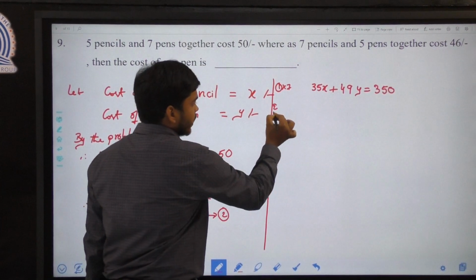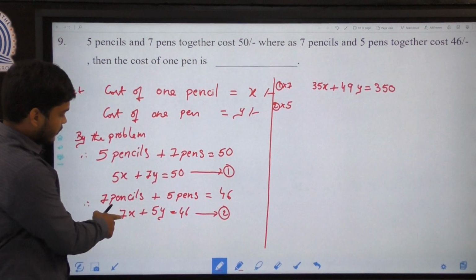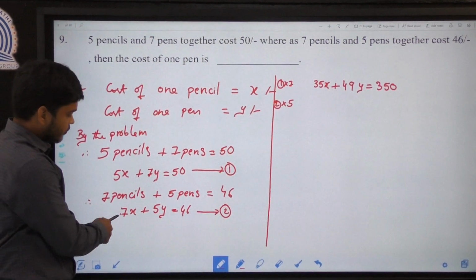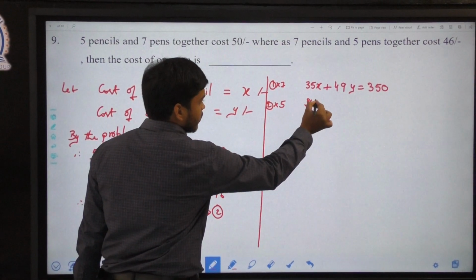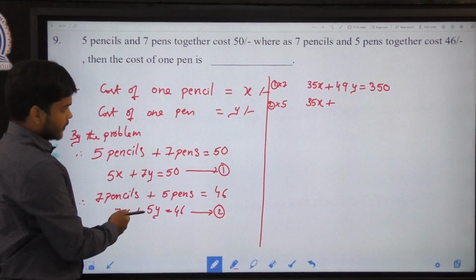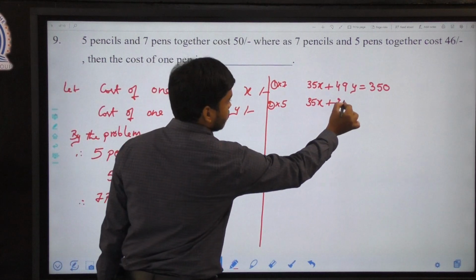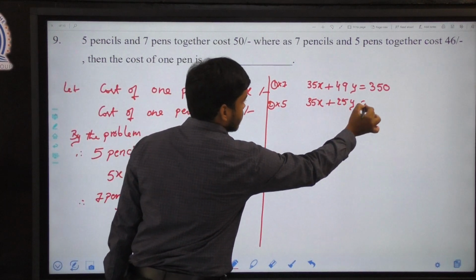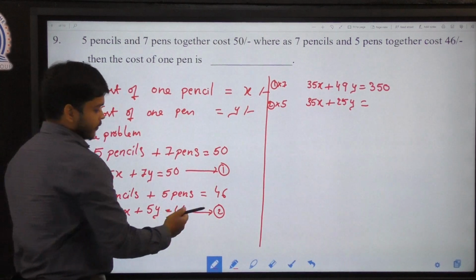And equation 2 into 5: 7 5s are 35x plus 5 5s are 25y, is equal to 5 46s, which is 230.